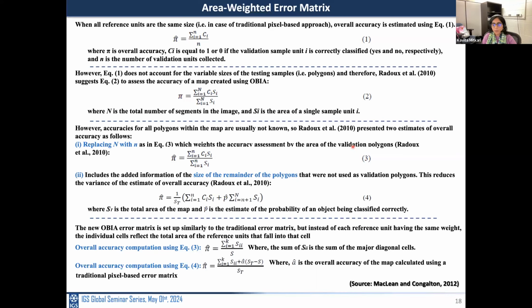Here the reference sample units, that is each segment, has a different size. So every sample is weighted by its area in the traditional error matrix. That is the simple variation that has been done in the area weighted error matrix.